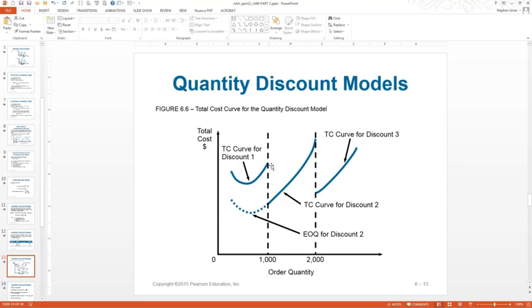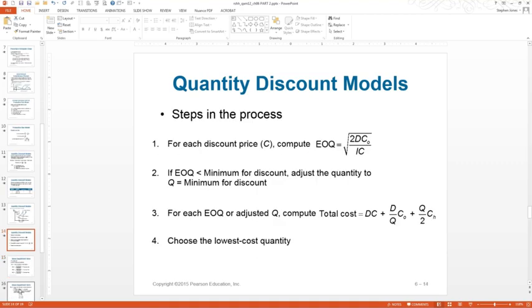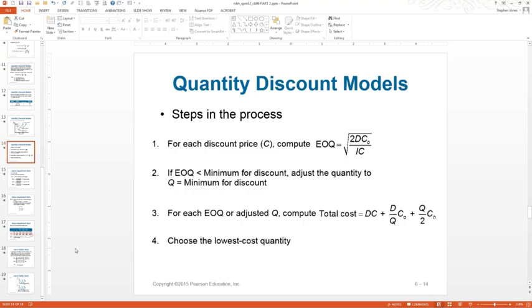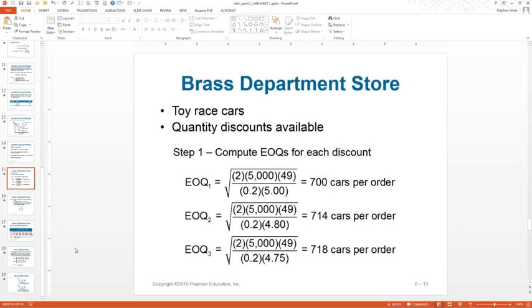So this is the total cost curve for scenario 1, scenario 2, scenario 3, based upon the number of items that you're actually purchasing. Use this quantity discount process. It's not difficult. You're going to compute the EOQ for each level, for level 1, 2, and 3, and then you're going to adjust those prices.